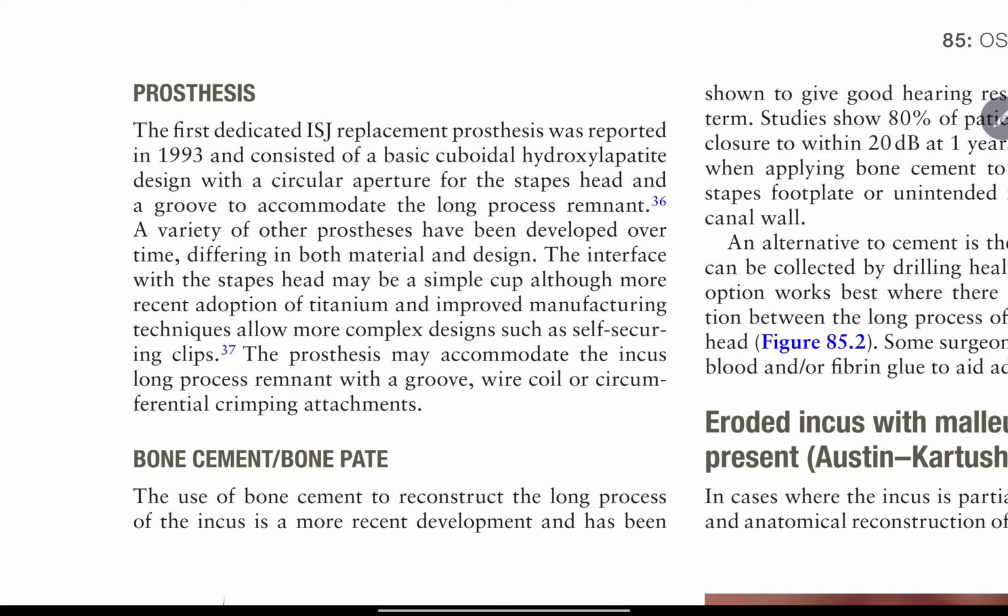The interface with the stapes head may be a simple cup, although more recent adoption of titanium and improved manufacturing techniques allow more complex designs such as self-securing clips. The prostheses may accommodate the incus long process remnant with a groove, wire coil, or circumferential crimping attachments.